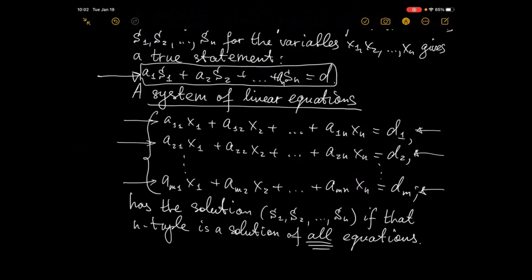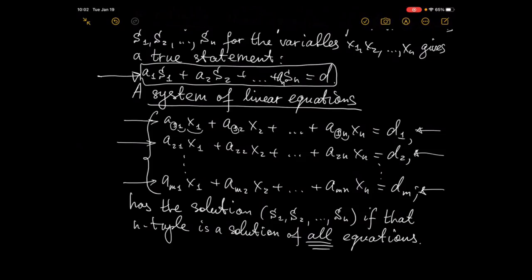Also pay attention to the notation agreement: the first index is the number of the equation, and the second index corresponds to which x I have to multiply by this coefficient. For example, here it is the first equation, the coefficient at xn.